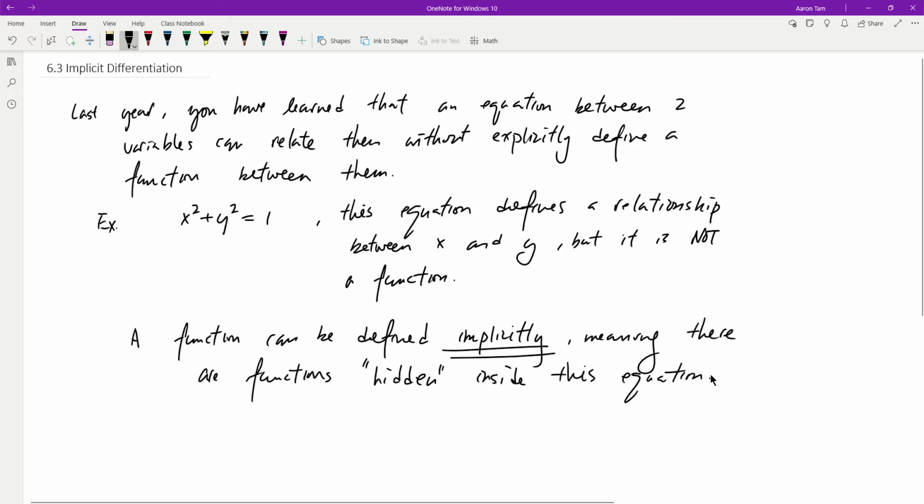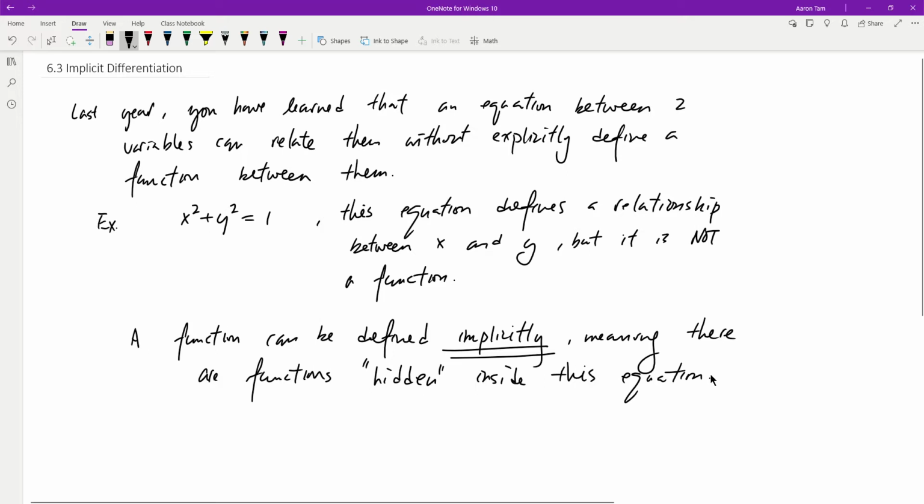However, we could use part of that circle and make it satisfy the vertical line test. And that's what the implicitly defined function means. It means that I can actually take part of this equation and form a function out of it. The reason why I call it implicitly defined is because we don't know which one we're referring to.